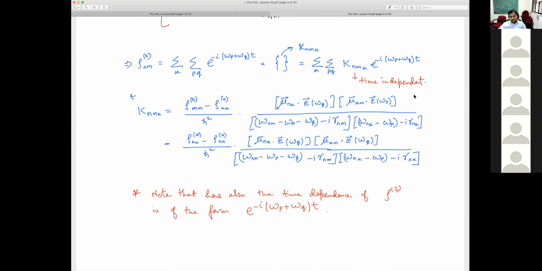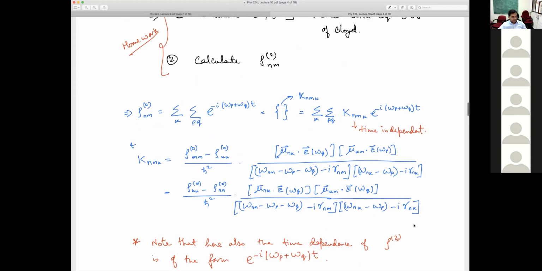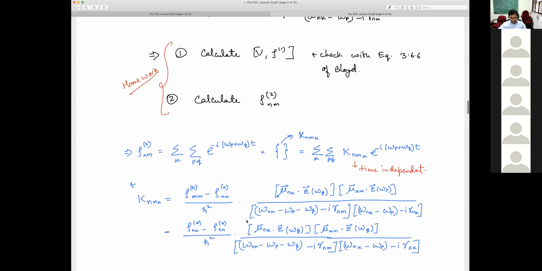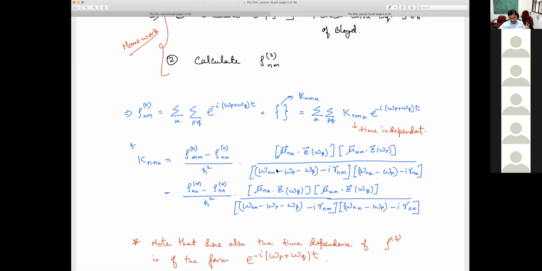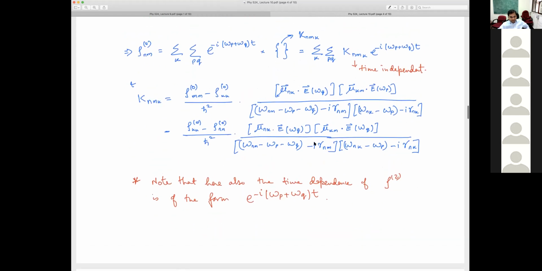Okay, so I've tried to be careful in writing this, so you can also check that these are correct, and if there is any error, let me know. So you do this calculation explicitly, 2 pages of writing, you will end up here. But the important point is that rho 2 has only this kind of time dependence, e to the power i omega p plus omega q t.